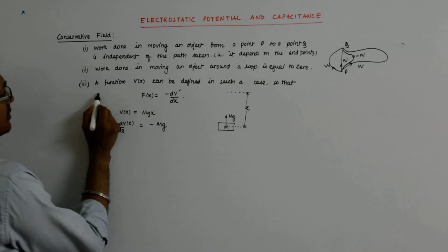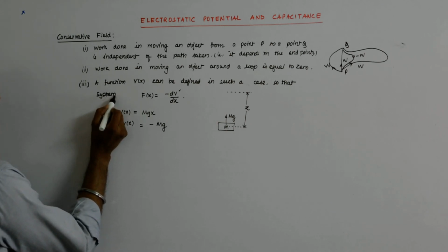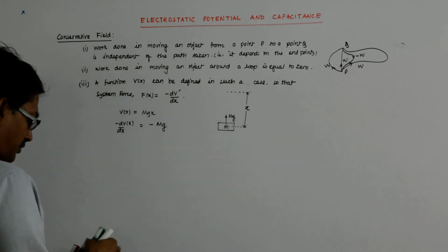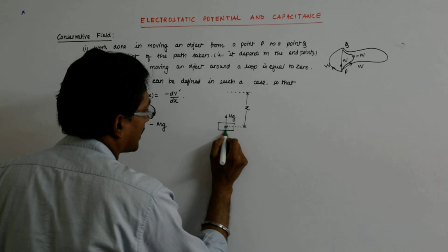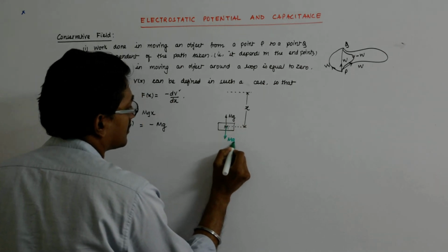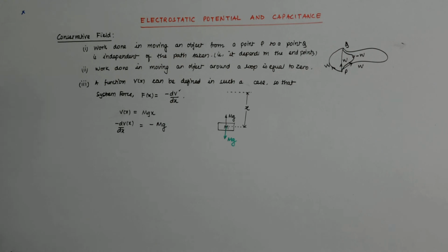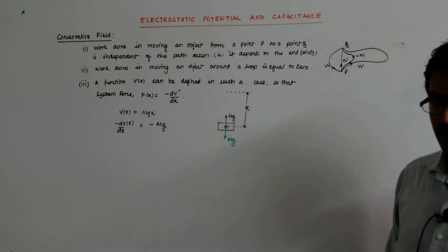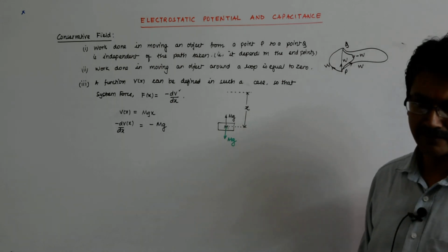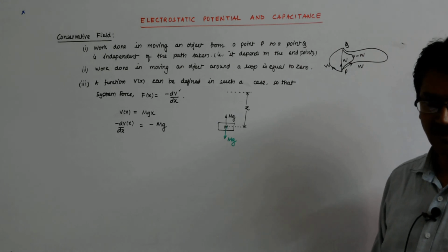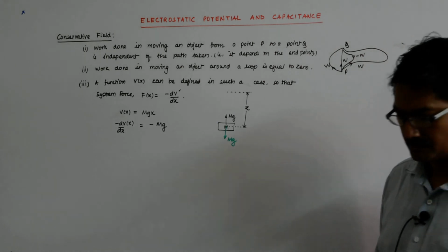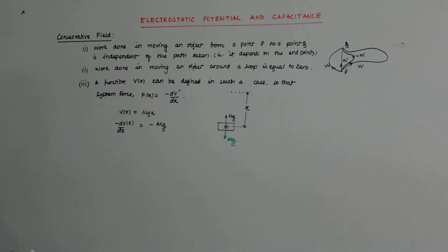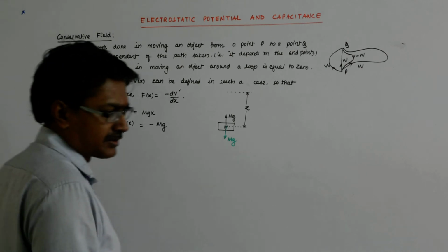Minus mg is the system force, in the downward direction. I have taken the upward force as positive, so downward force is negative. So it gives you the system force.